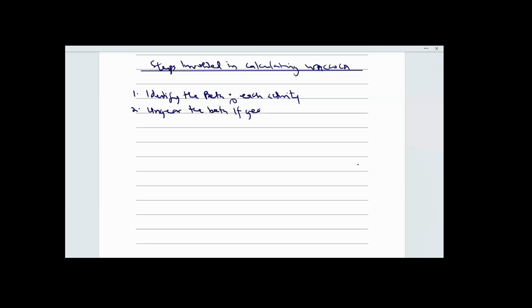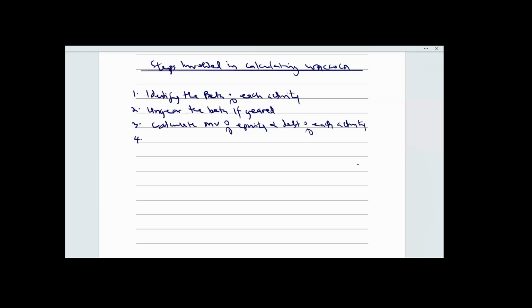Then step 3, calculate market value of equity and debt of each activity. The same way we usually calculate market value of equity and debt under traditional WACC is the same way you are going to calculate it here.